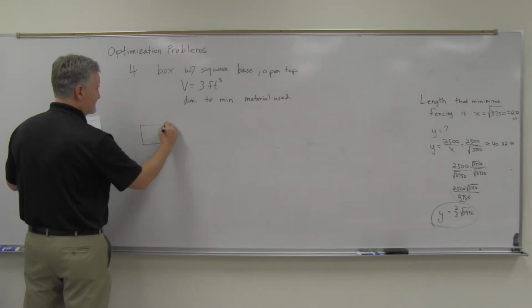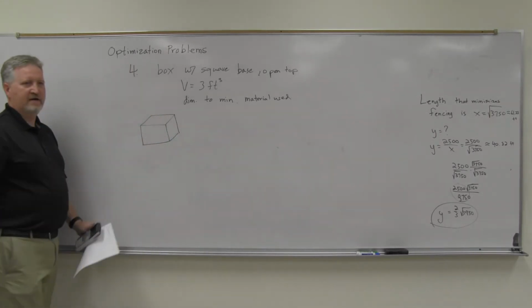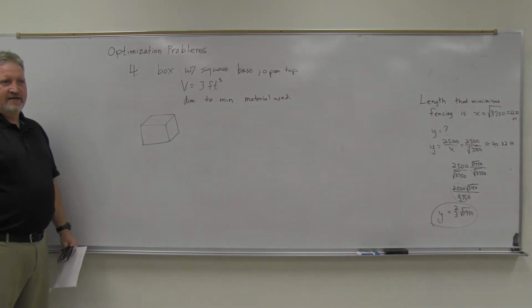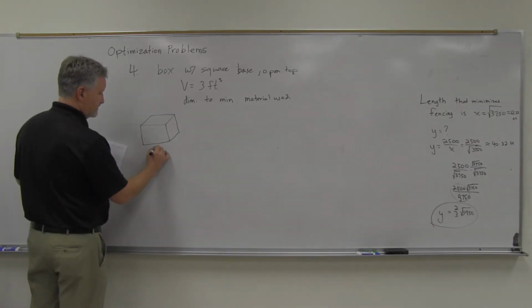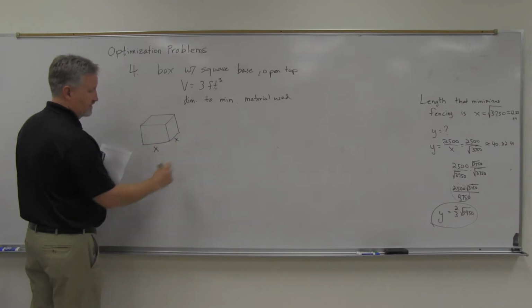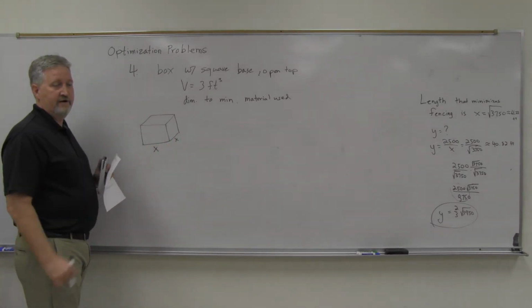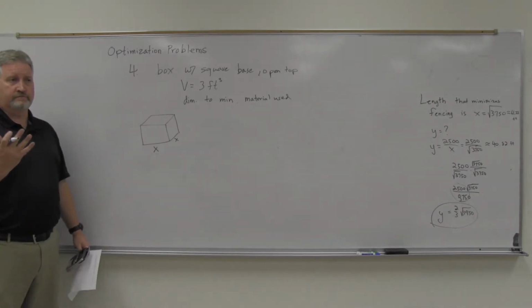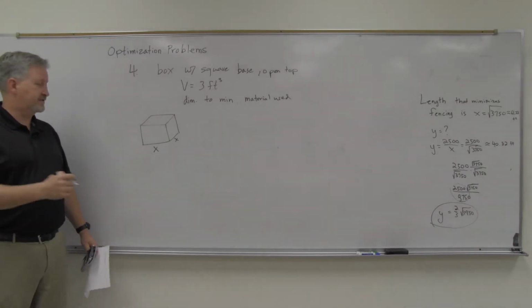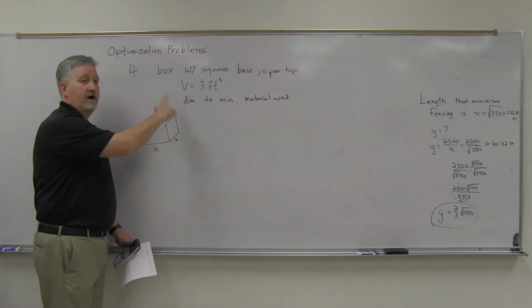So we've got a box. My rendition. Got a square base, so the length and the width are the same. Both of them are x. Now in a box you have 3 dimensions: length, width, and height.